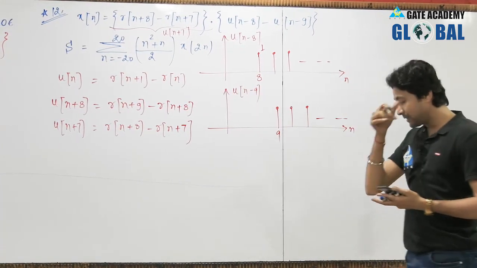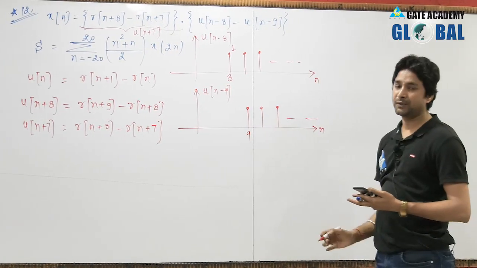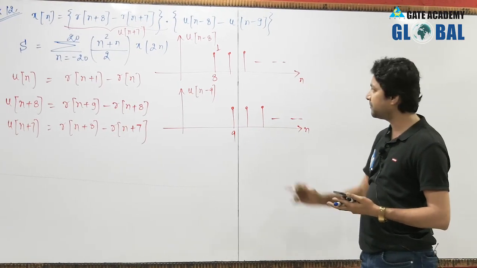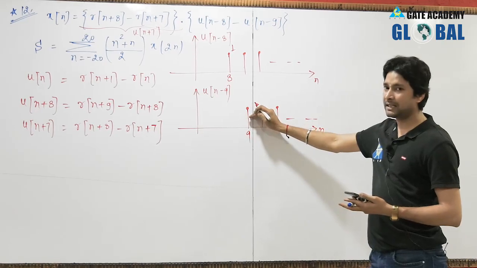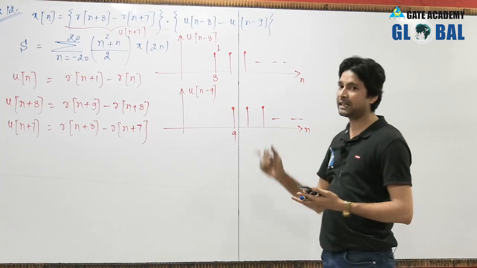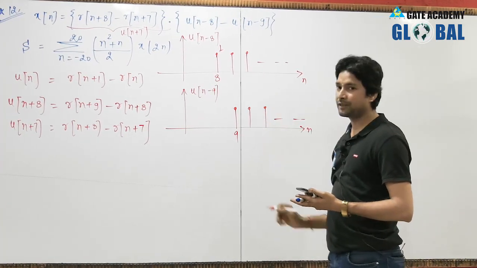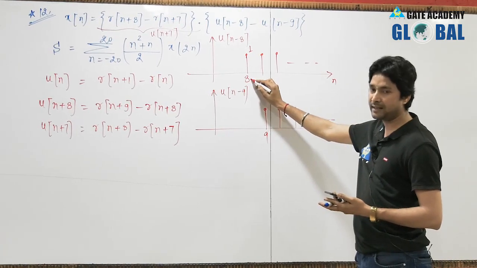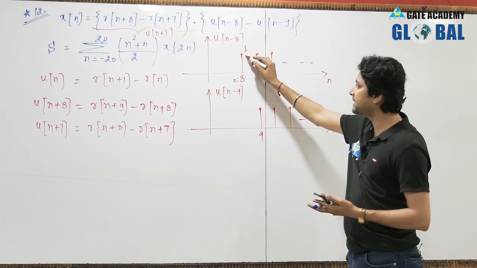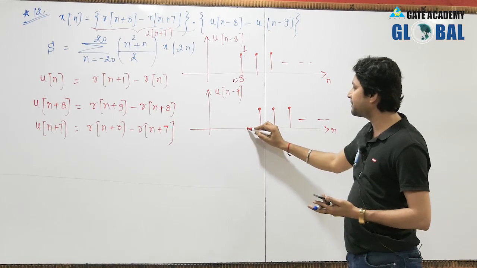If you subtract these two signals, then from n equals 9 onward the difference will be 1 minus 1, which is 0. The only instant of time where this difference is non-zero is n equals 8, as at n equals 8 the value of this signal is 1 but this signal has value 0.